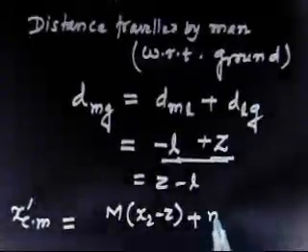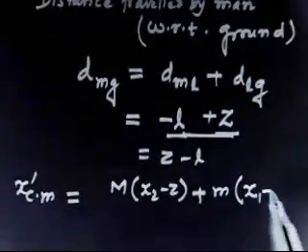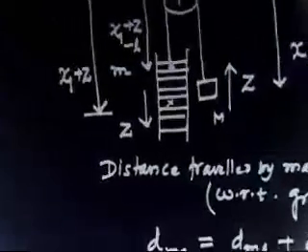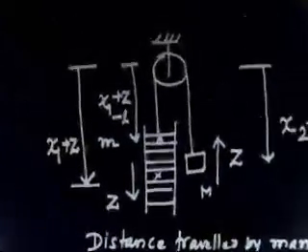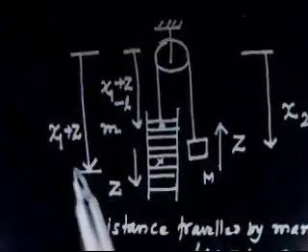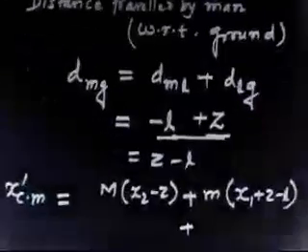So this is m into x1 plus z minus l, plus the mass of the ladder is m dash and the center of mass of the ladder is x1 plus z. So m dash into x1 plus z.